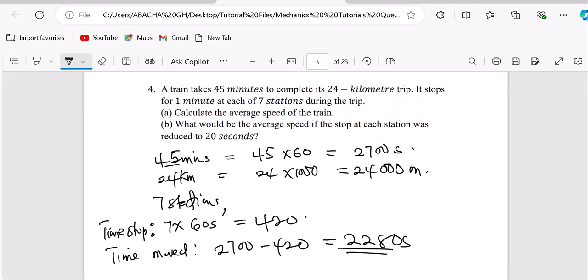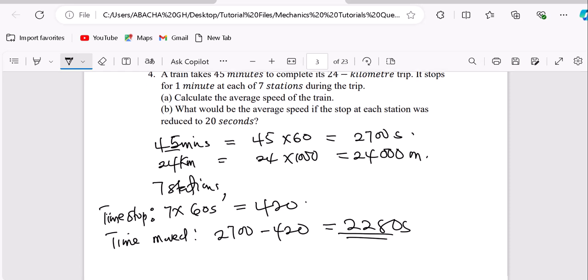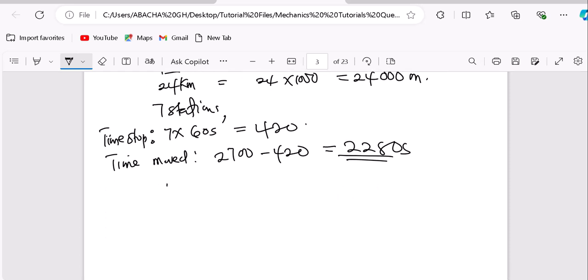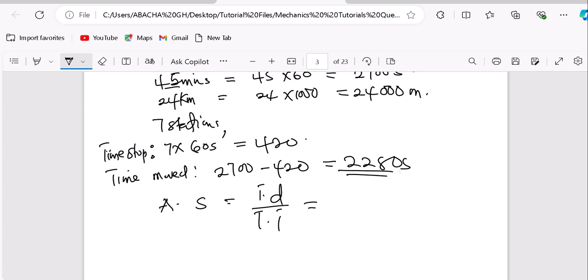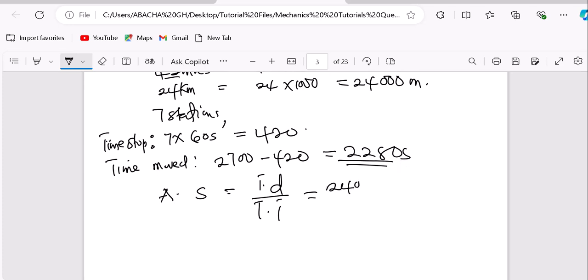They are saying that we should calculate the average speed of the train. The average speed is equal to the total distance over the total time. Our total distance moved is 24000 meters, all over 2280 seconds.